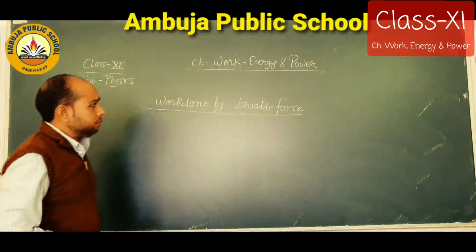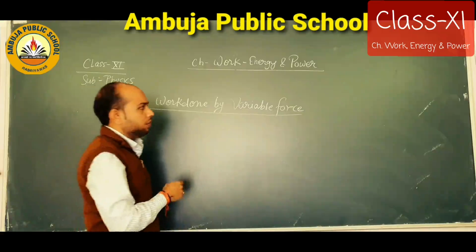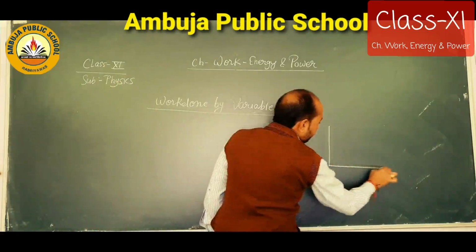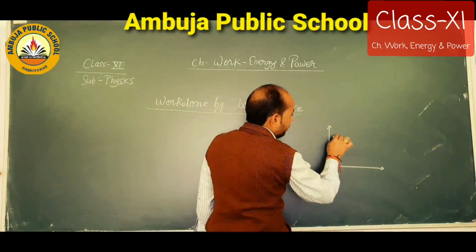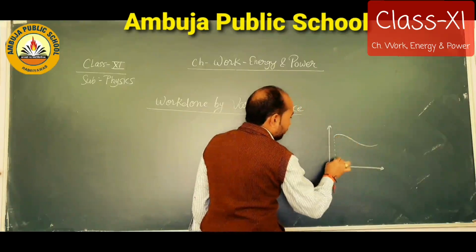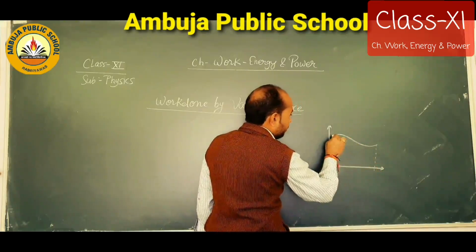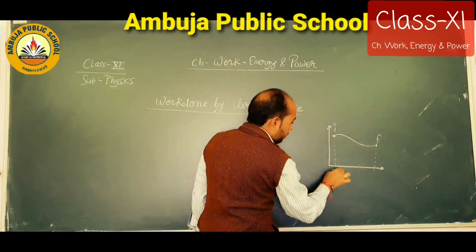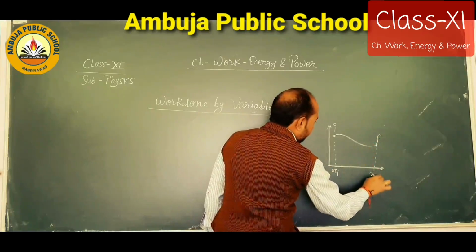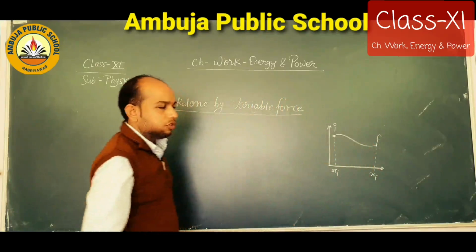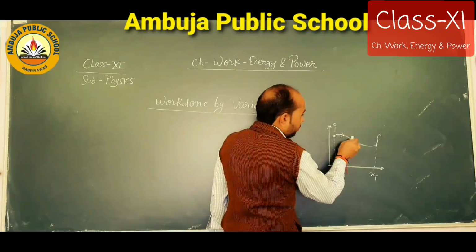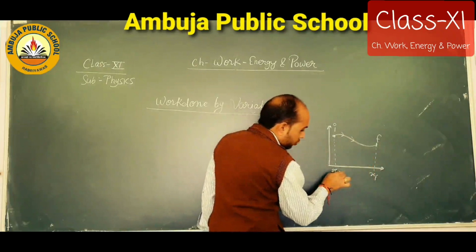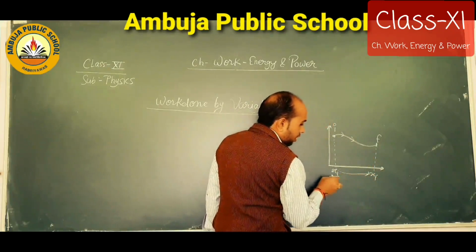When force varies from initial to final, how do we calculate the work done? This is the situation where we see an object is moved from initial to final state F. In this situation, displacement varies from initial to final.